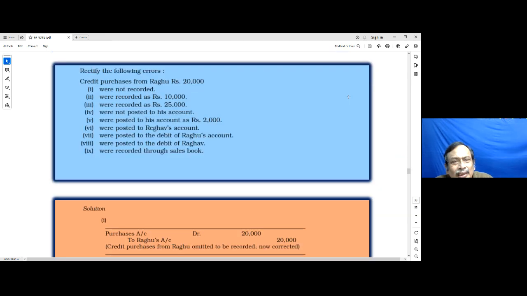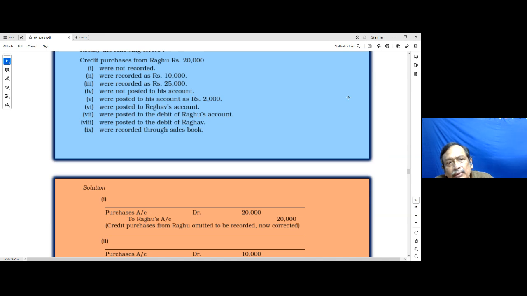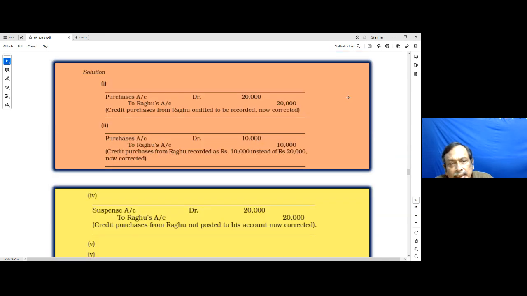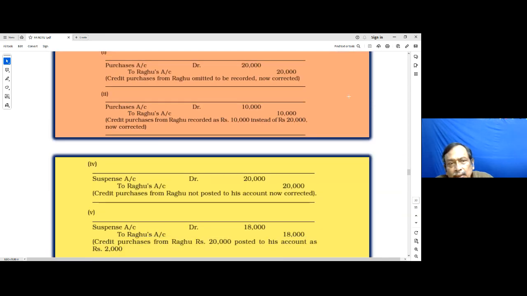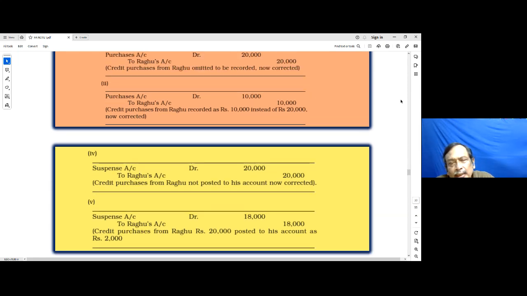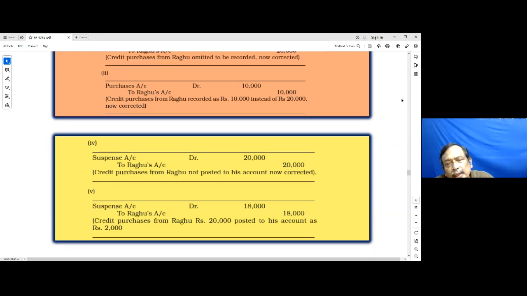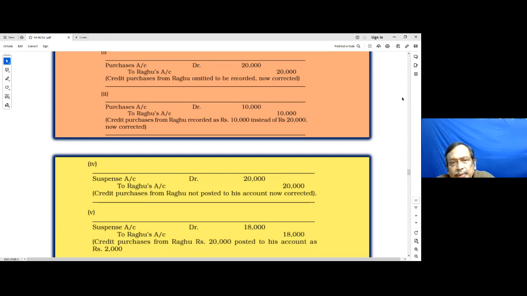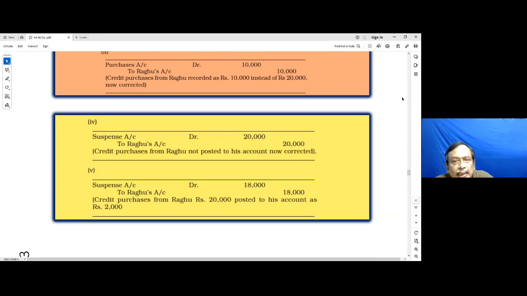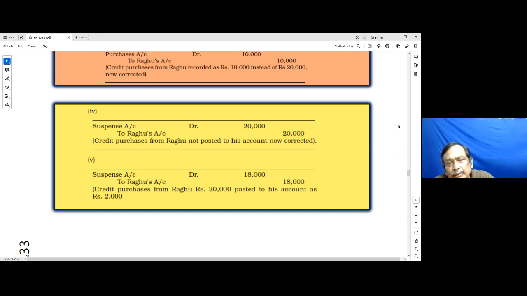So in this way we are going to record, that is just look into the correction entries and the narration. Purchase account debit 10,000 to Raghu's account 10,000. Credit purchases from Raghu recorded as rupees 10,000 instead of rupees 20,000, now corrected. Then suspense account debit to Raghu's account 20,000, 20,000.